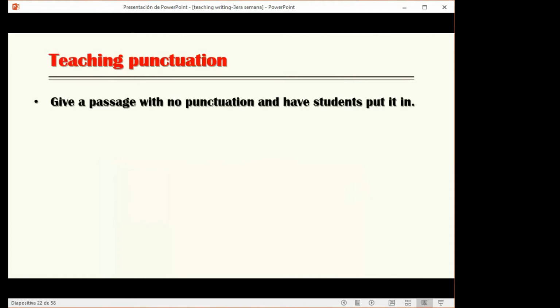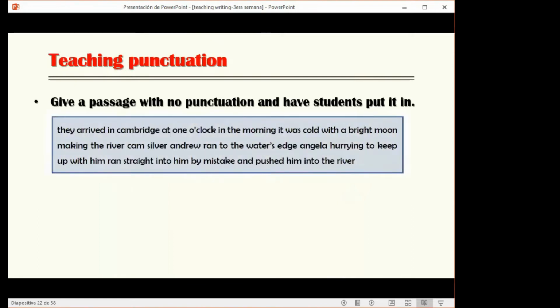Now let's see some activities that we could do with our students to reinforce and practice punctuation. Give a passage with no punctuation and have students put it in. For example, here: They arrived in Cambridge at 1 o'clock in the morning. It was cold with a bright moon making the river come silver. Andrew ran to the water's edge.